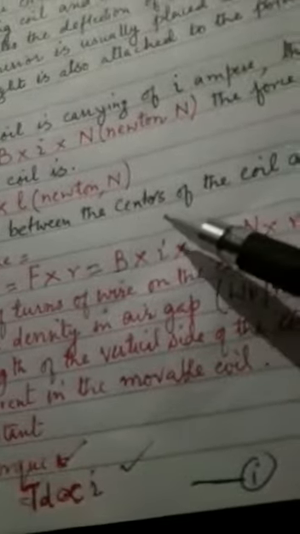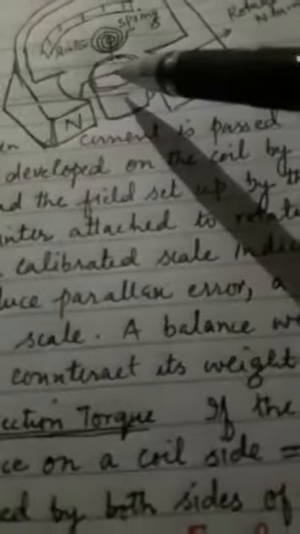R is the distance between the center of the coil and the force F, the coil which is rotating. Here we can say it is the radius of the coil taken into account.